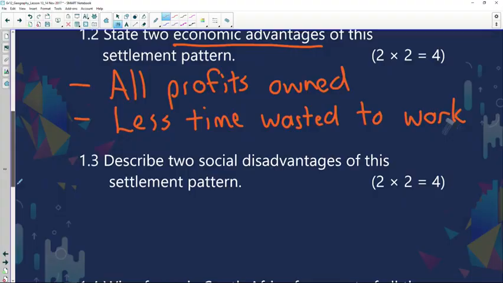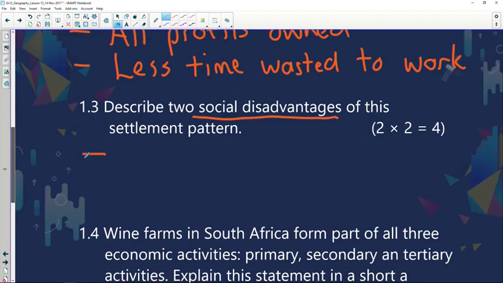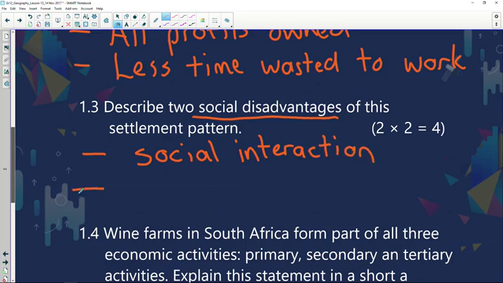Now, describe two social disadvantages of a settlement pattern. Like I've mentioned, it's isolated and it's quite dispersed. If you look at it, there's no social interaction. And if something needs to go wrong, it's quite difficult to find help.